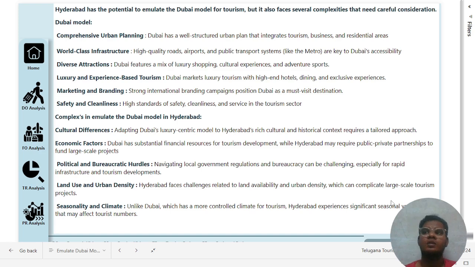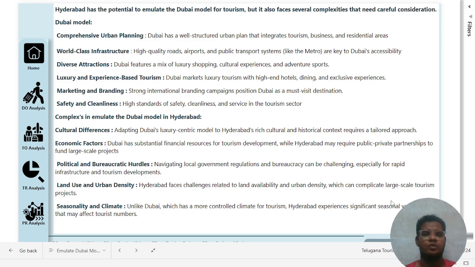I didn't visit Dubai, but the tourism in Dubai is very structured. World-class infrastructure: high-quality roads, airports, and public transport systems like the metro are key to accessibility. Attractions: Dubai features a mix of luxury shopping, cultural experiences, and adventure sports as well.